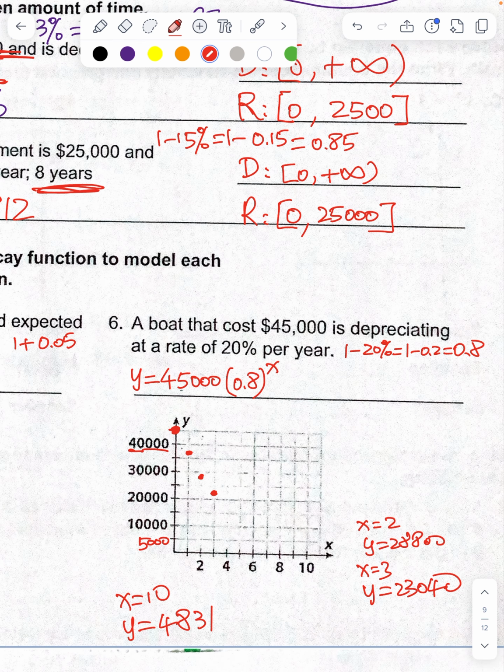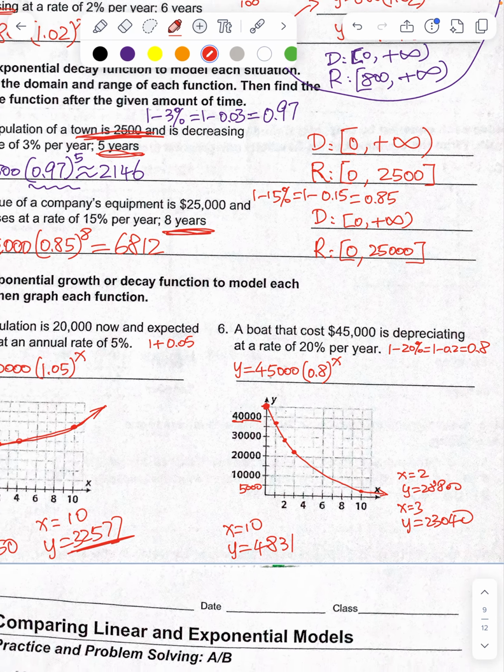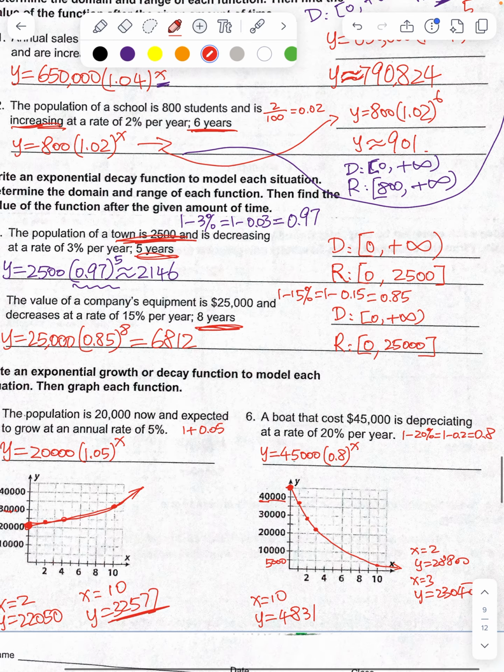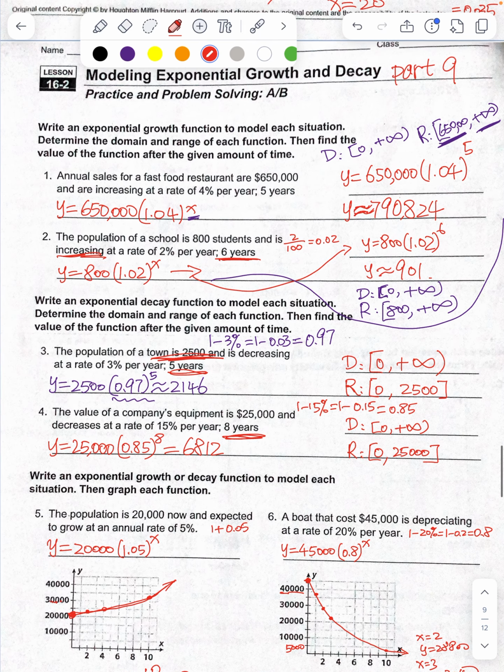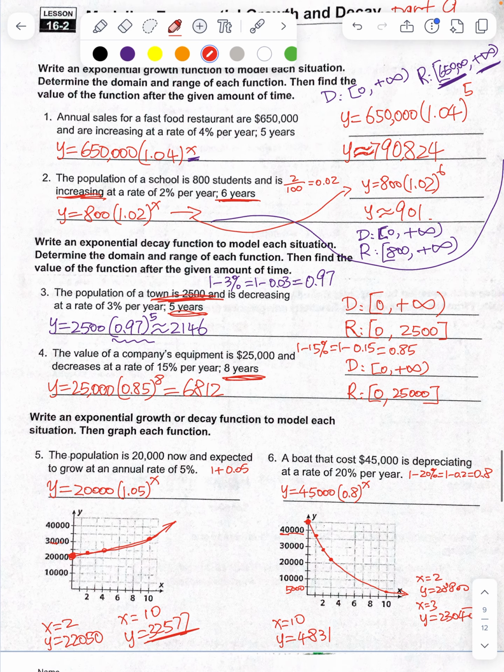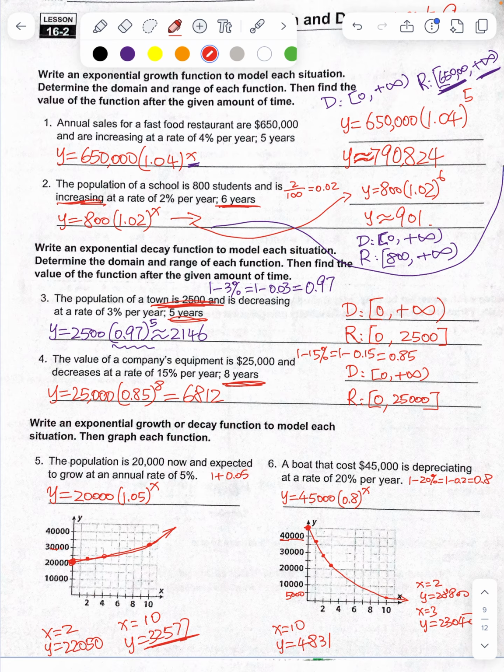So after 10 years, it's below 5,000. So the graph is going to look like this. I skipped some points between 3 and 10. So the graph looks like this. I believe this part, the unit 6, part 9. Part 9 is done. Part 9 is a real world situation.